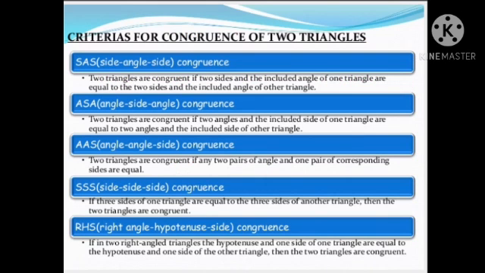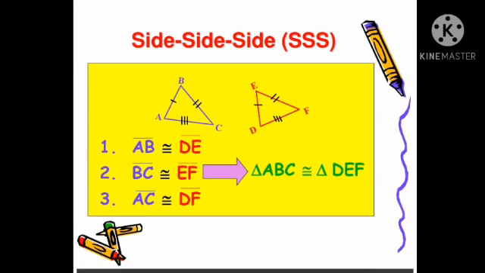Let us start the criteria for congruency of two triangles. It is very important to our chapter, similar triangles. We have 5 criteria: SAS, ASA, AAS, SSS and RHS. The first one, side, side, side, short form SSS, criterion for congruence of triangles.